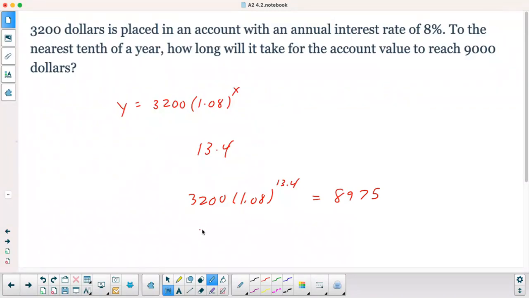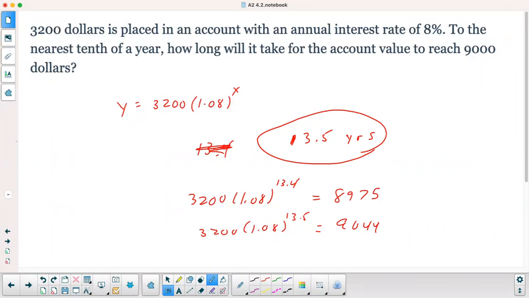Didn't quite reach it, so I'm just plugging in numbers here. Let's try up one more. 3,200 times 1.08 to the 13.5. There we go. That's 9,044. So actually scratch that out. It's 13.5 years.